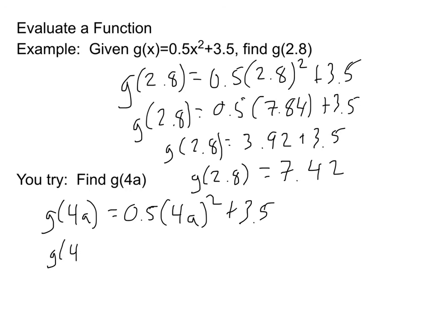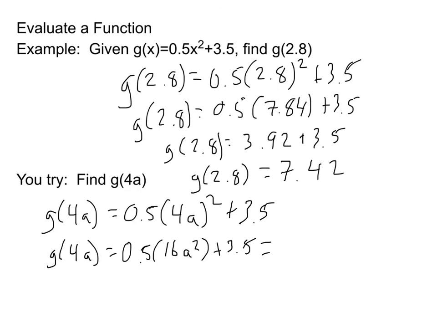g of 4a is equal to, if we square 4, we get 16. If we square a, we get a squared, plus 3.5. Okay, and that is equal to half of 16a squared.